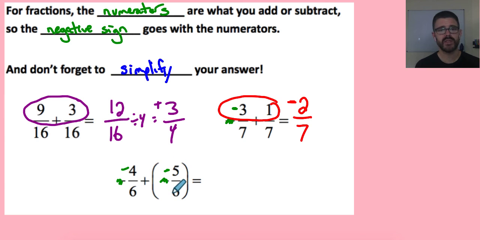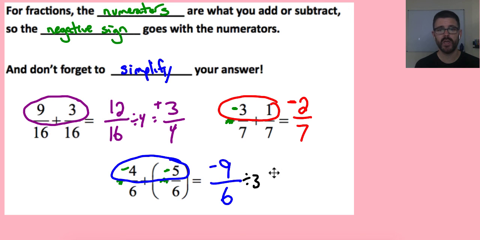Negative 4/6 plus negative 5/6. So focus on your numerators. That's the part that's doing the adding or subtracting. A negative plus a negative. Same signs, add them together and keep the sign. Denominator stays the same. And then we simplify. 9 and 6 can each be divided by 3. So I get negative 3/2.